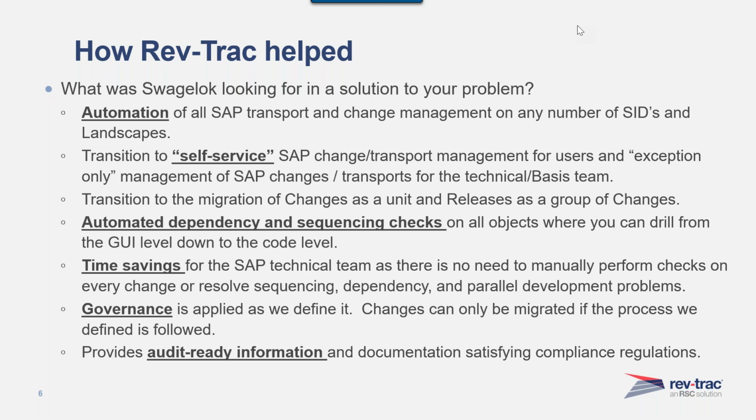You build the workflow that makes sense for your changes, and then Rev-Trac will apply that once they've selected a type of change. A particular workflow gets involved and applied, and then it works its way through each of those steps as you've defined it.